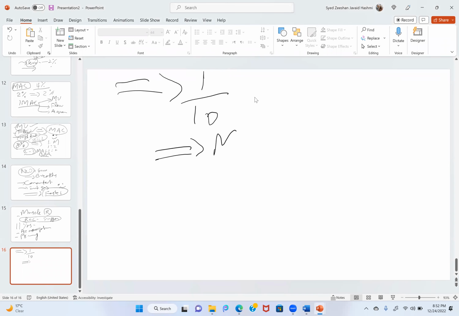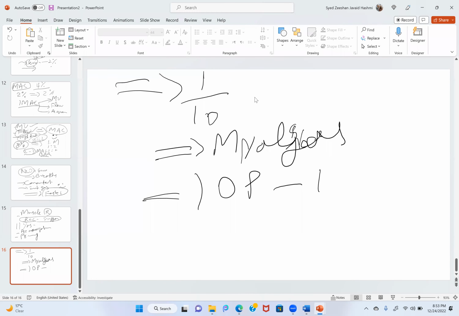Postoperative myalgias will be reduced. And fasciculations will also reduce. What about IOP and ICP? They will remain stable, I think.